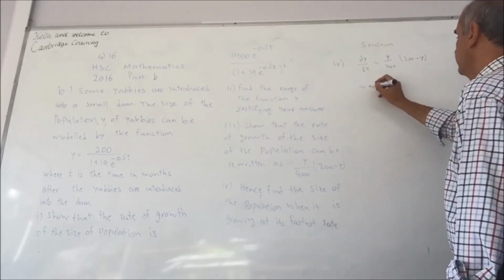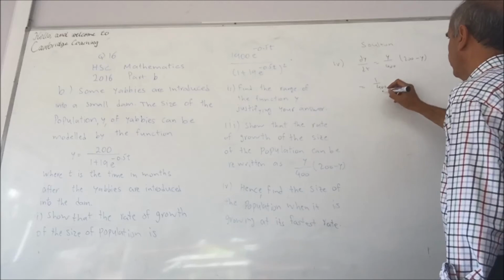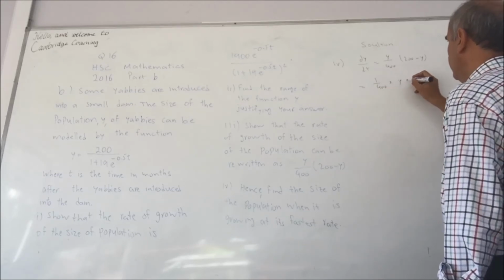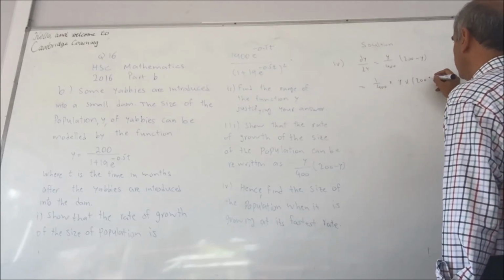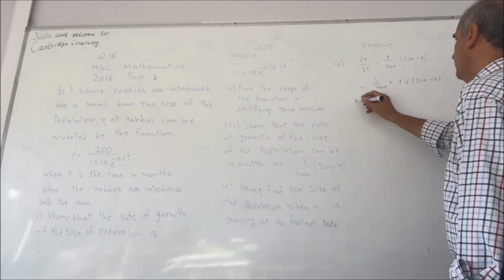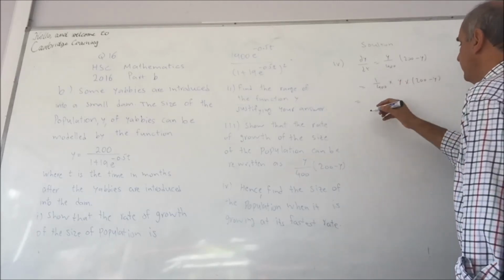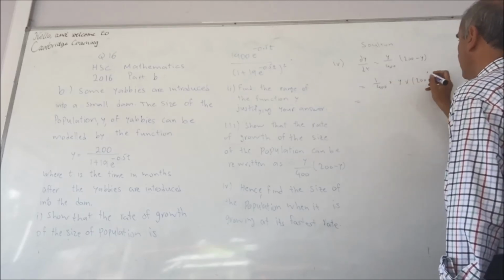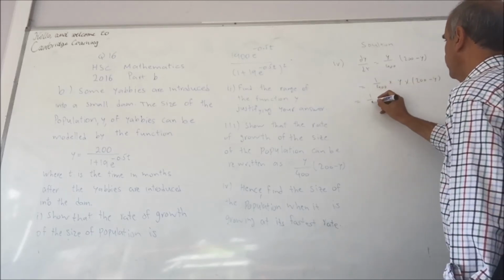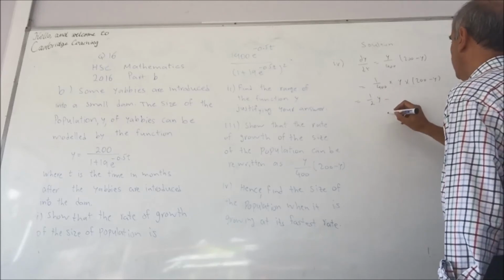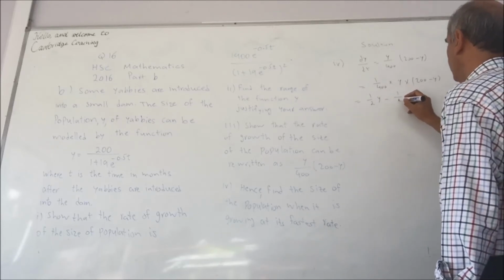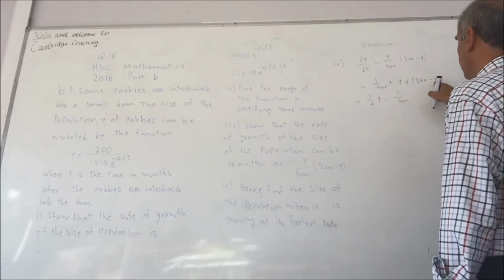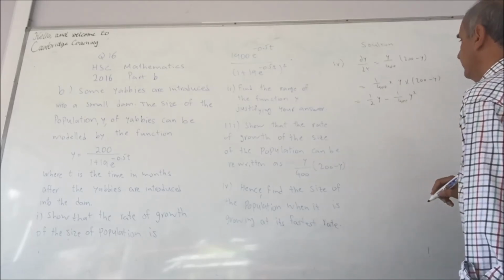Okay, I can write this as 1 over 400 times y times 200 minus y. Or maybe even I can expand it, becomes half y minus 1 over 400 times y squared.